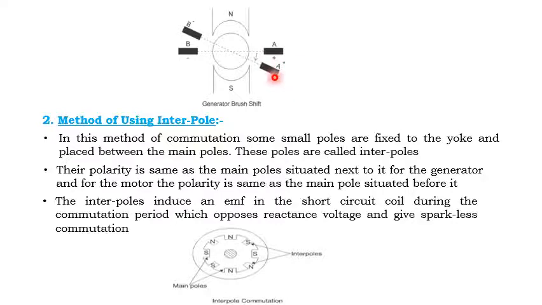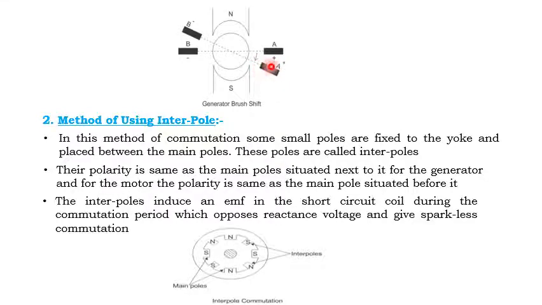Automatically, the pole present here gets energized in the opposite direction, and the conductor present in this pole will cut the flux lines, and obviously an EMF is induced in this conductor.